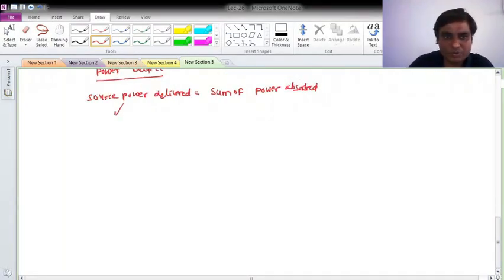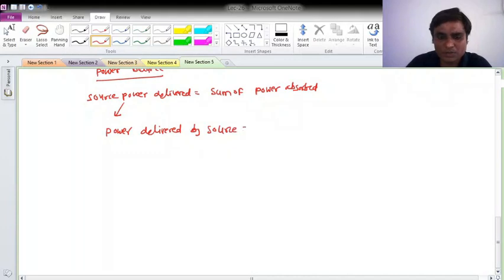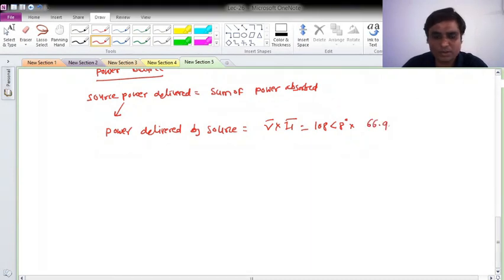First, calculate the source power. The power delivered by the source will be V phasor into I1 phasor. This is already computed: 108 with angle 8 degrees into I1, which was 66.98 with angle 15.121 degrees, as noted above.